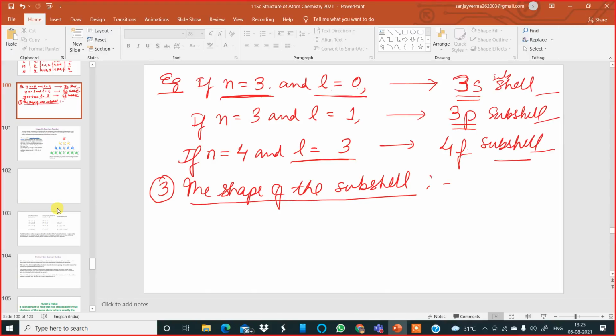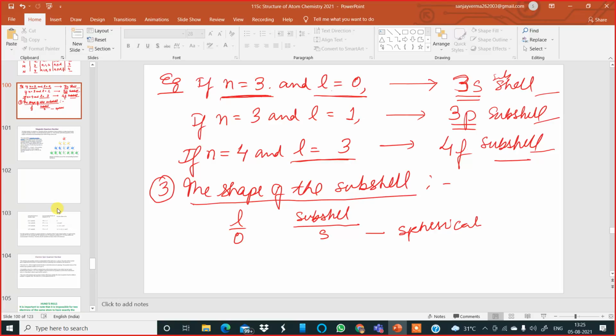For example, for a particular given value of l, if the value of l is 0, which is the subshell? Yes, s. So s subshells are generally spherical in shape.